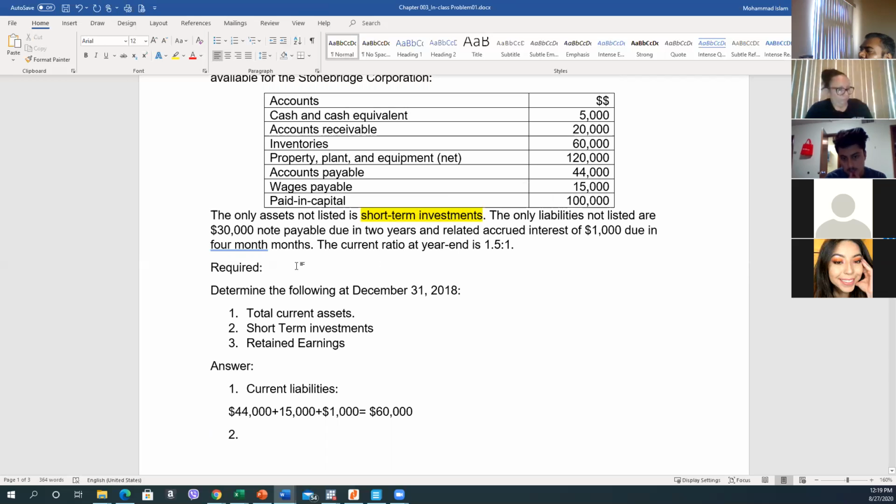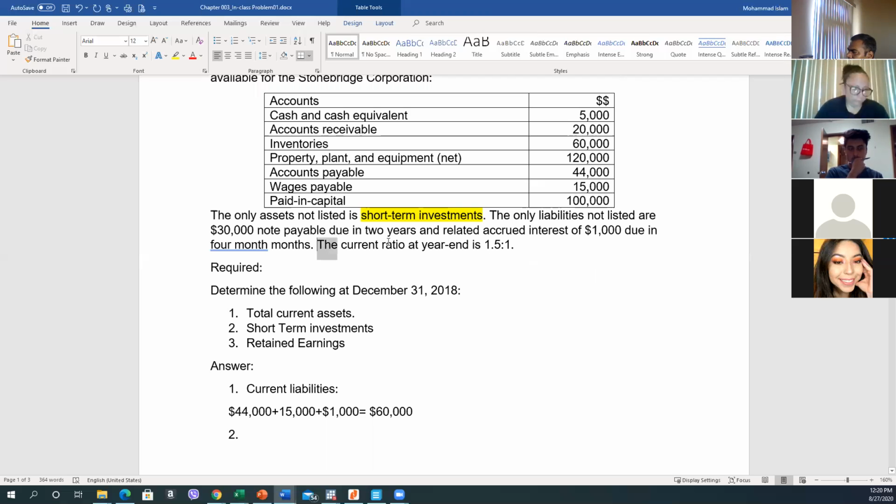It means that from the total assets, we will subtract all other assets, then we will have the short-term investments. So what do we have? The cash and cash equivalents, accounts receivable, inventories.